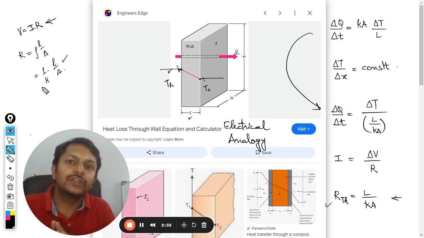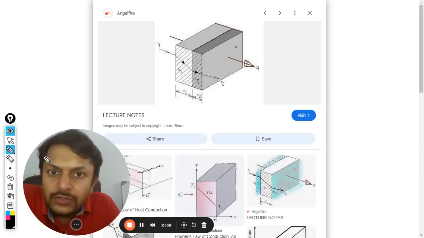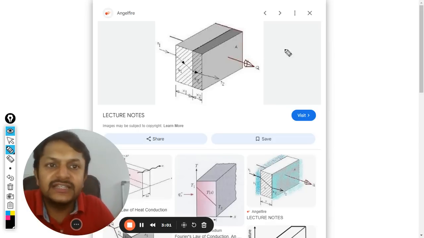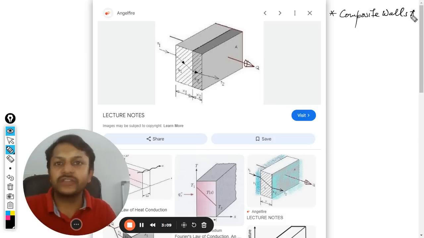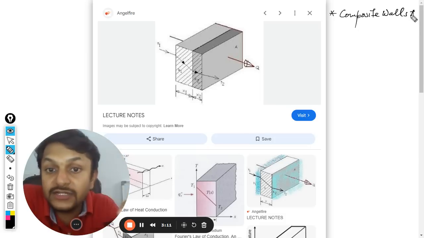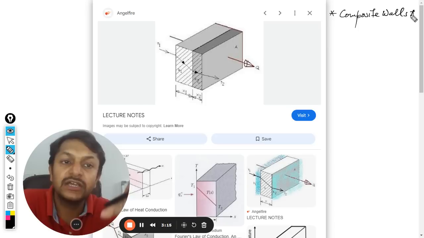But what about the composite walls now? Okay, let's see. So this is another case now. This is the case of composite walls. Now, the thing with your syllabus is that they have not given the composite walls explicitly. They have not mentioned that in your syllabus.